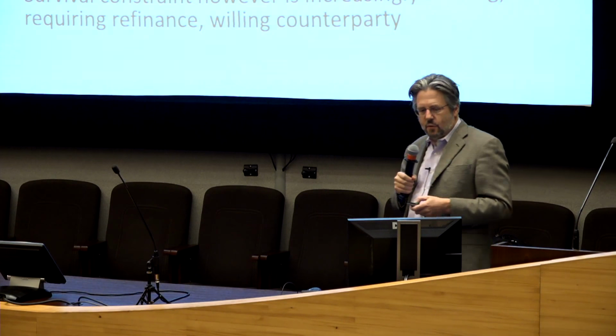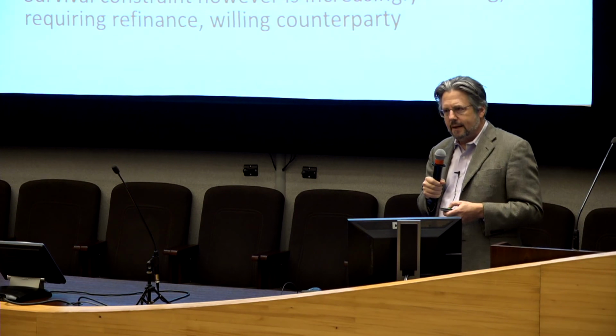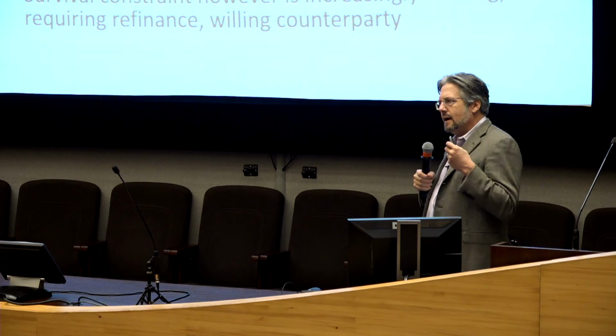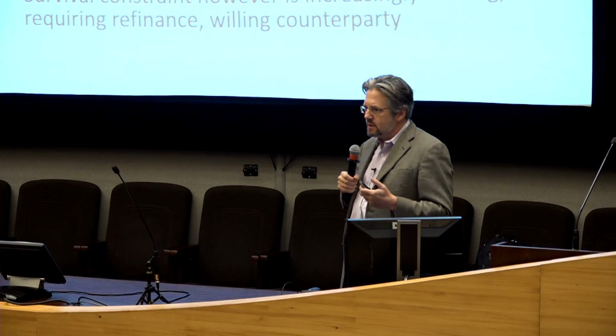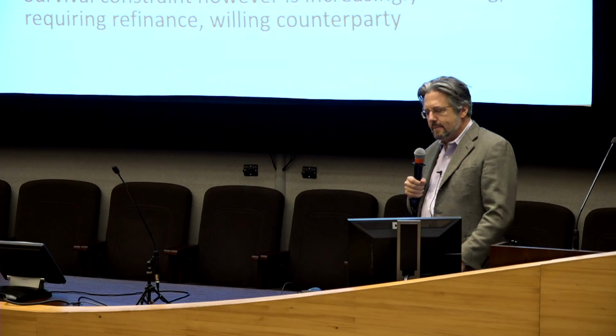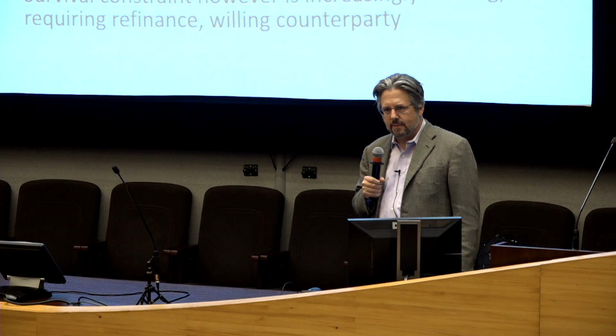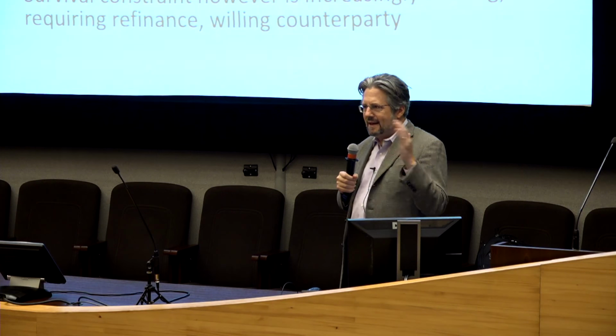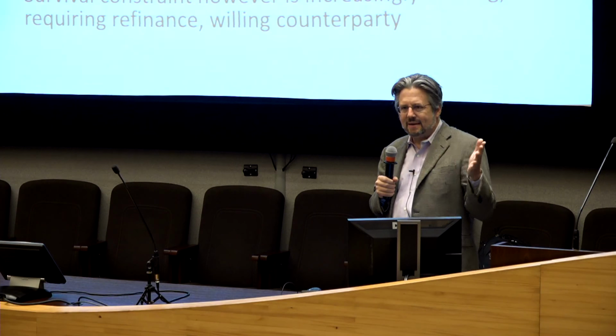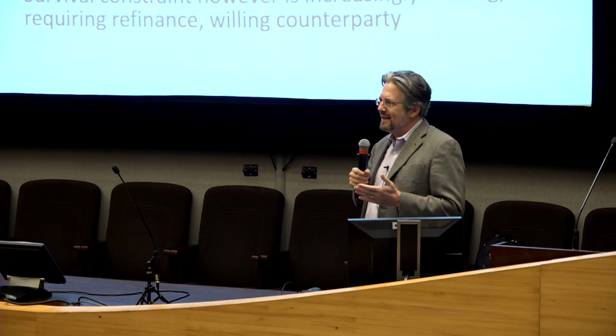I think I've mentioned this before, but just to remind you, when we are in the money view, when we're emphasizing the settlement constraint, this is very much paying attention to the time pattern of cash flows and cash commitments. It's not about leverage. It's not about how much debt we have. It's about when the debt is due.